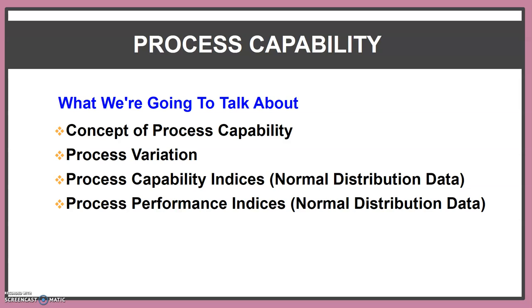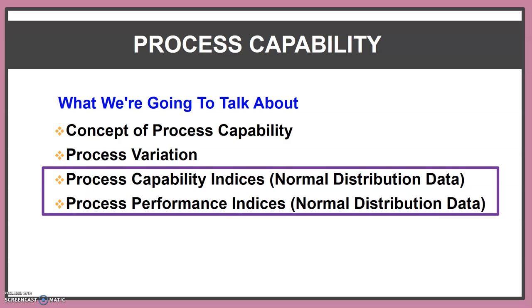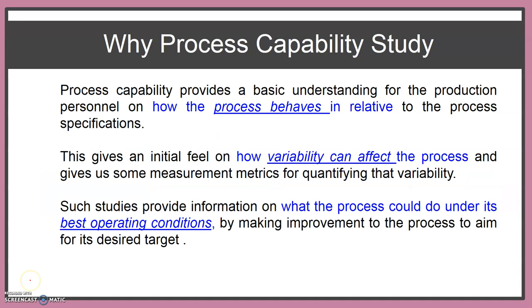Today, we will continue this video with how to calculate the process capability index and process performance index. Before we go to the calculation part, we have to know why we need to study the process capability index.